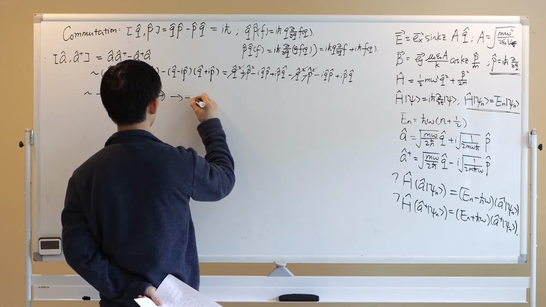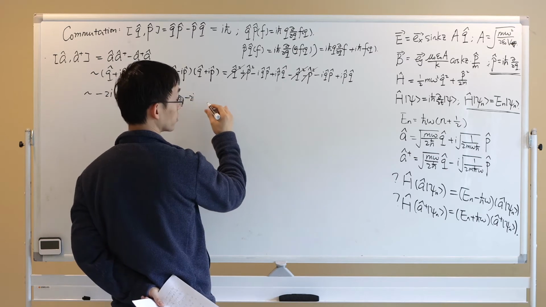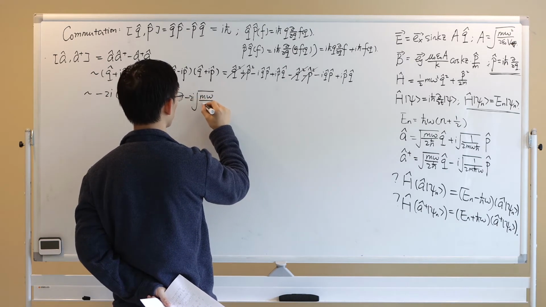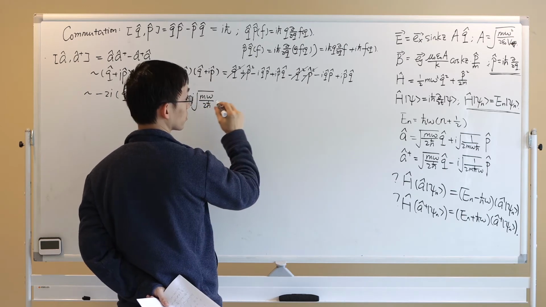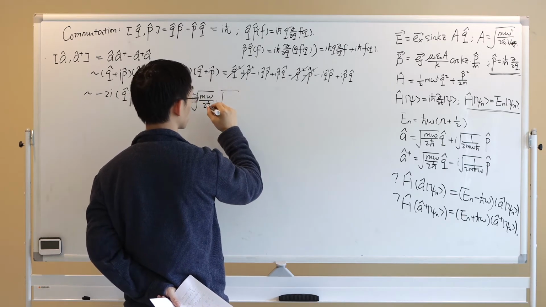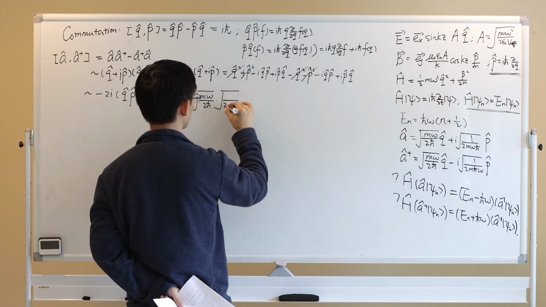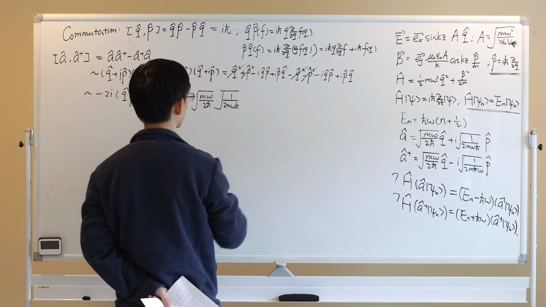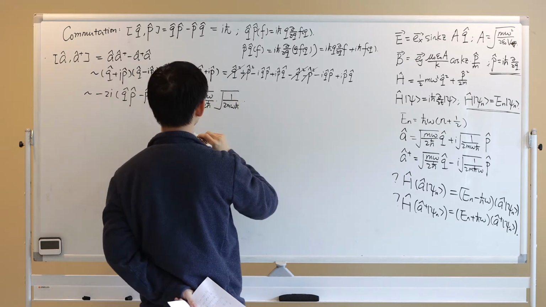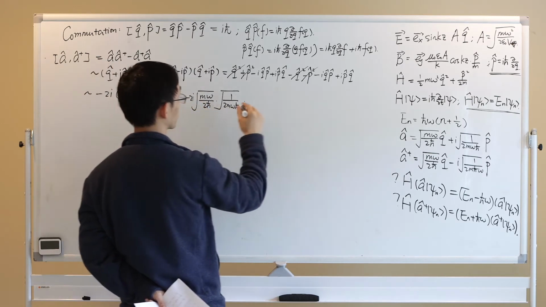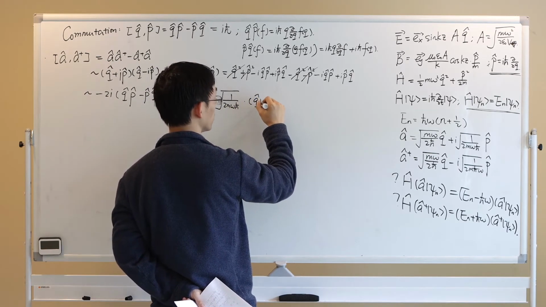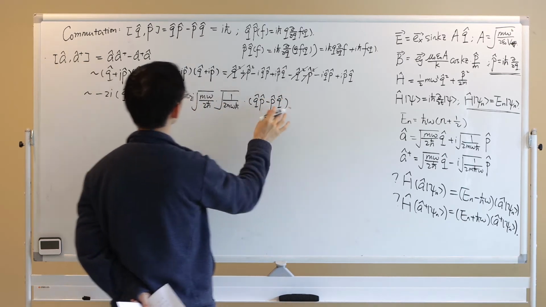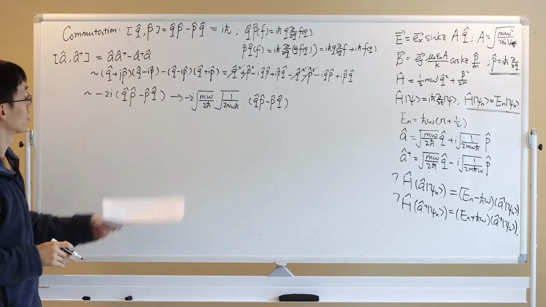So you have minus 2i in the front, and then m omega over 2 h bar times 2m omega h bar. Okay, and then this is qp minus pq, which is just the commutation of i h bar.